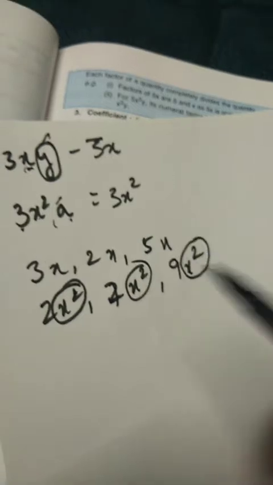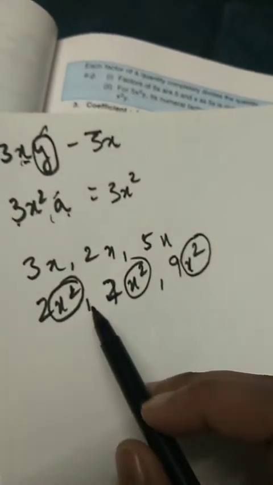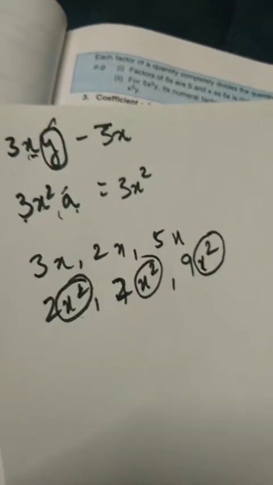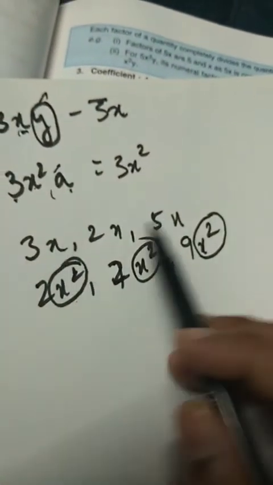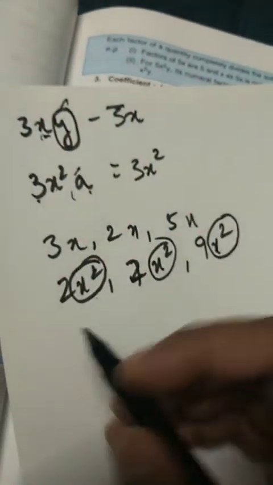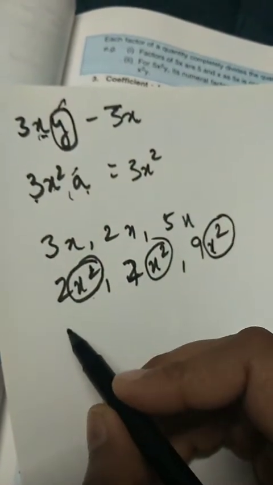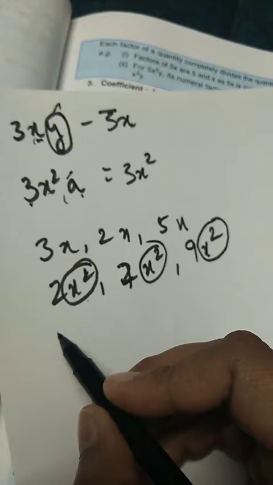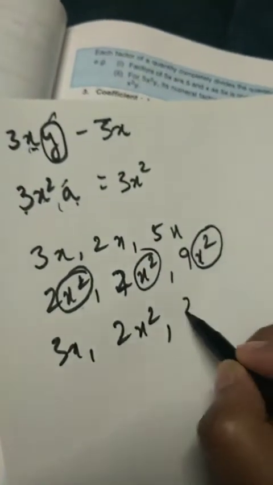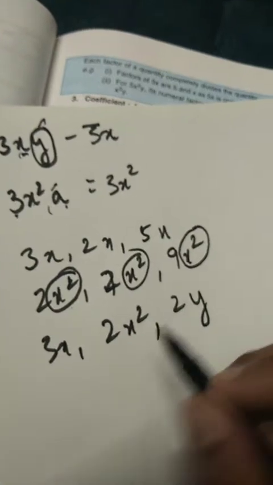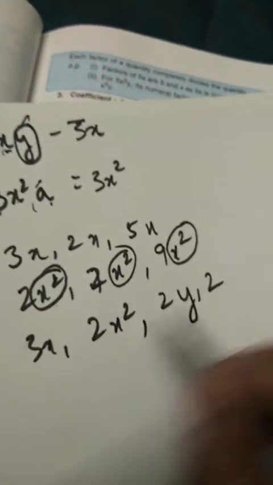So like terms are terms in which the variables are common everywhere. Unlike terms are those in which variables are not common, for example 3x, 2x square, 2y, 2, etc.